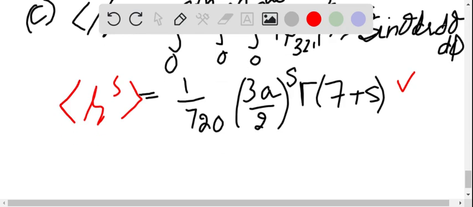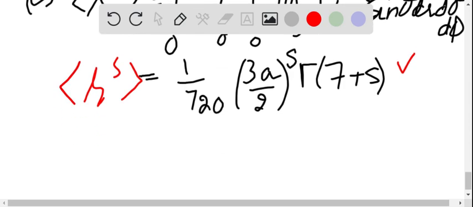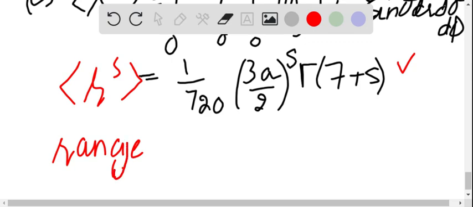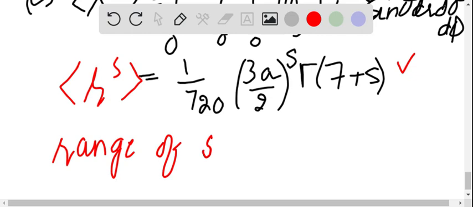Now the last part that we need to solve is, for what range, right? We need to find out the range of s for which this function would be finite, right?